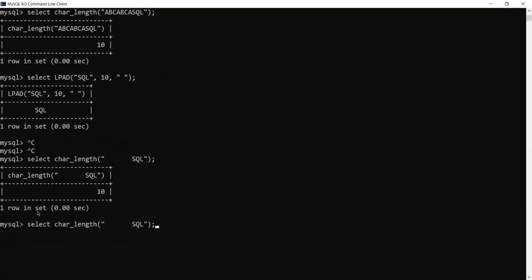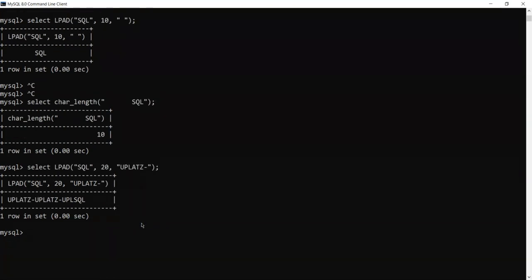Let's say there could be a scenario when my column says the course name, which says SQL. Now what I want to do is simply add something before it. I want to add uplads and something with a hyphen before it, and here I will probably increase my number. So now you can see that it got added this way, but that was not my requirement.